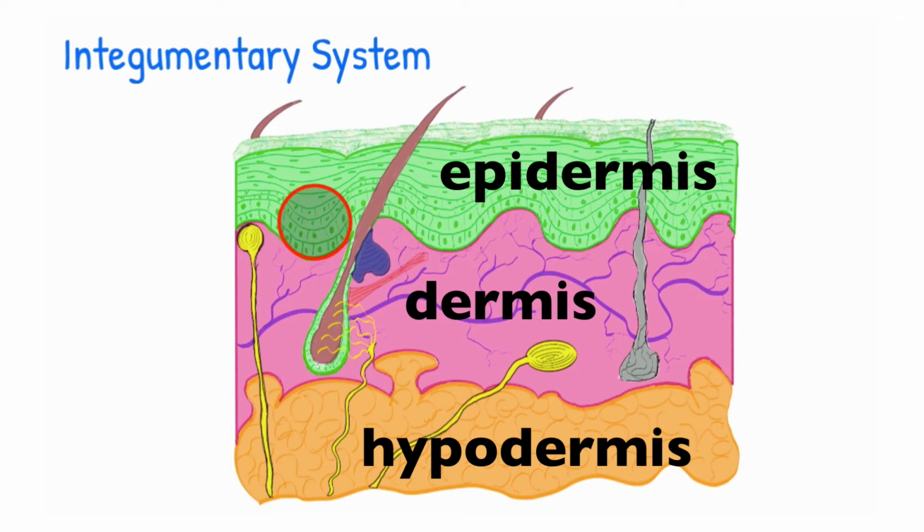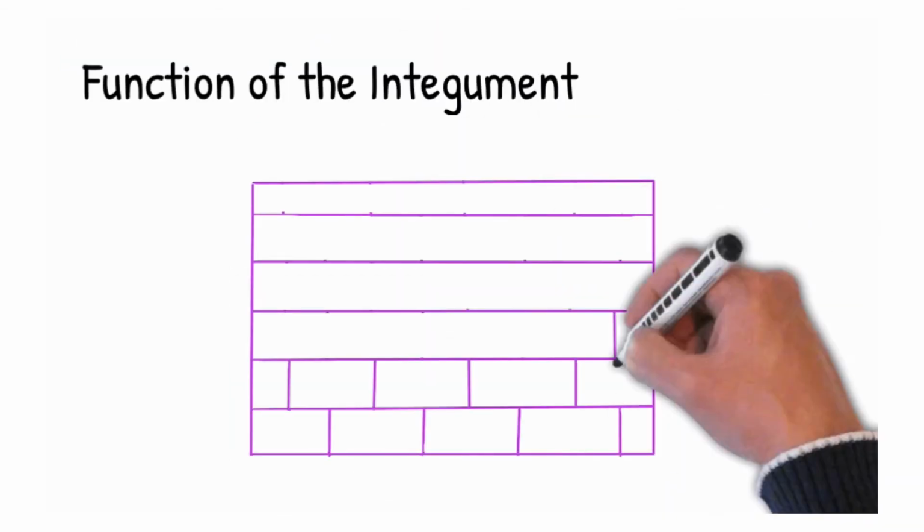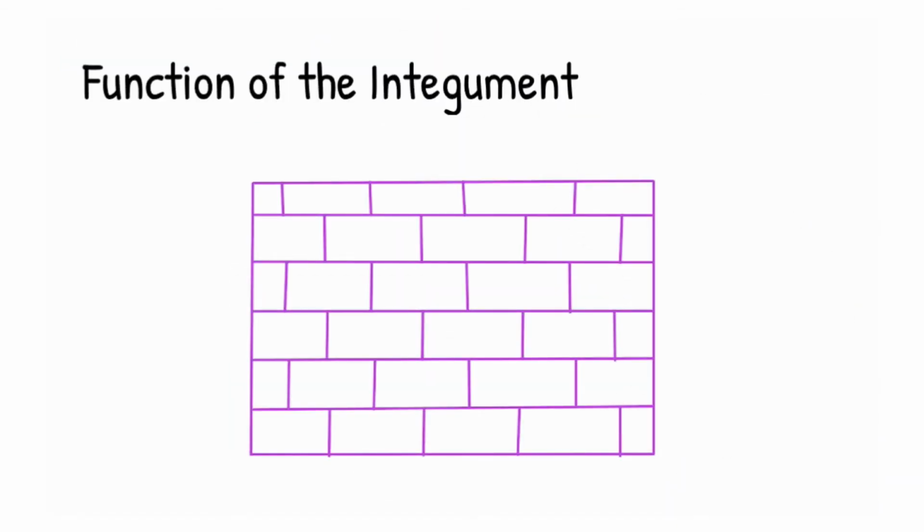Let's talk about the function of the integumentary system, which once again is the largest organ system in the body. One function of the skin or the integument is to serve as a barrier from the outside world, preventing things, pathogens, objects, water from entering our body.